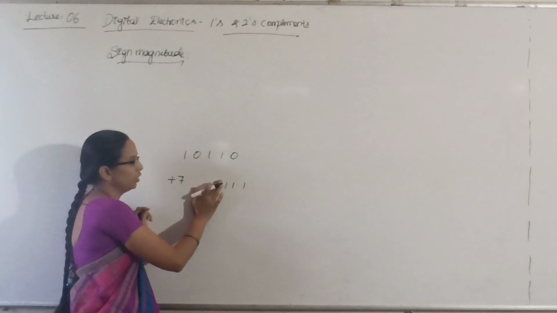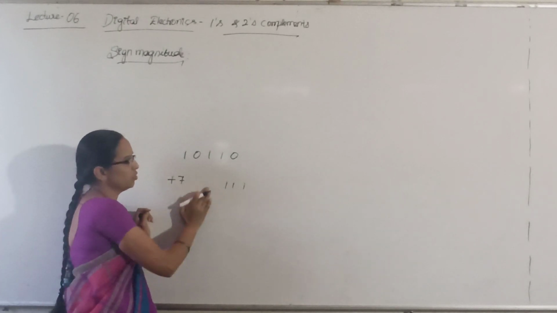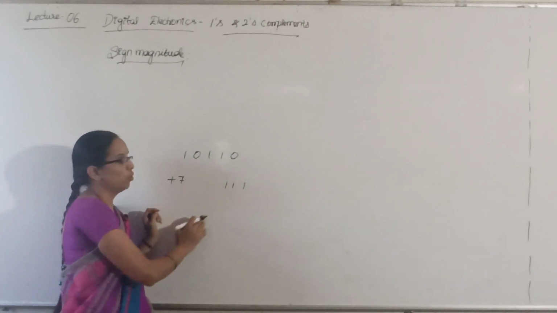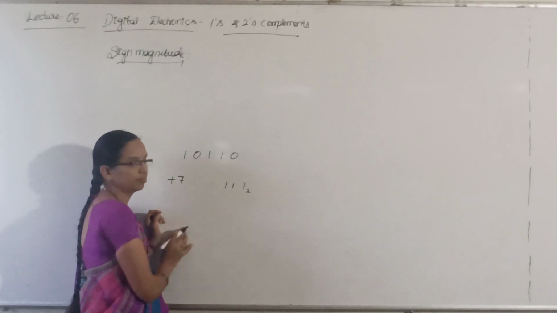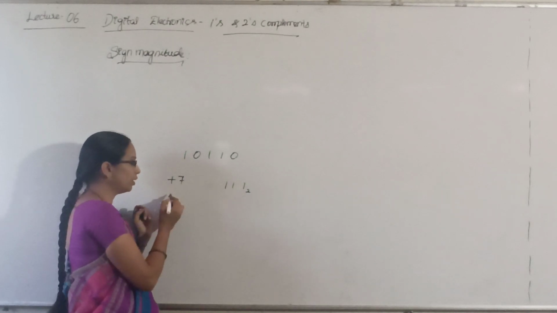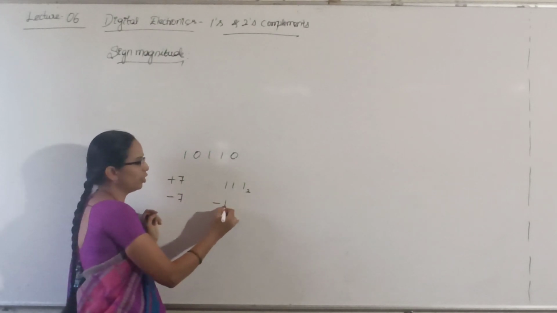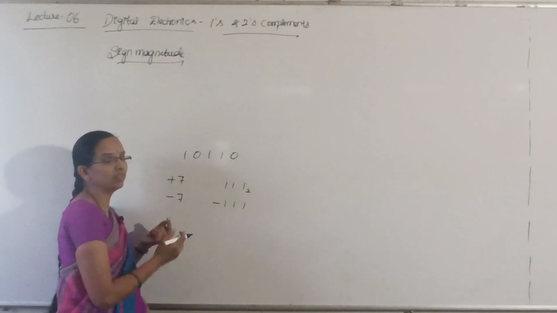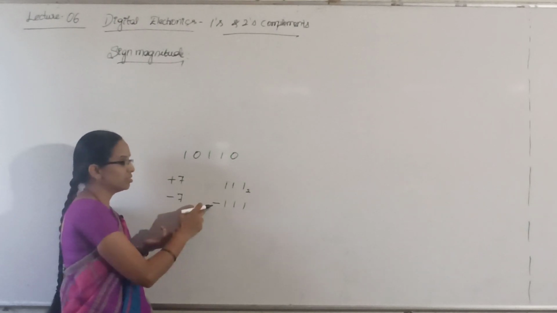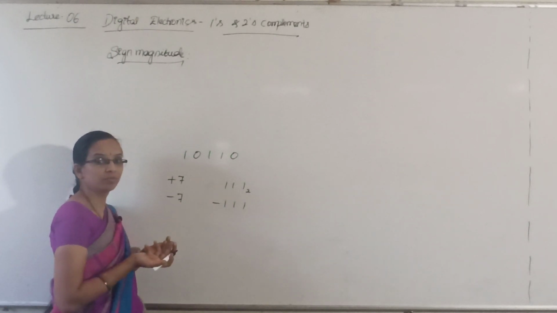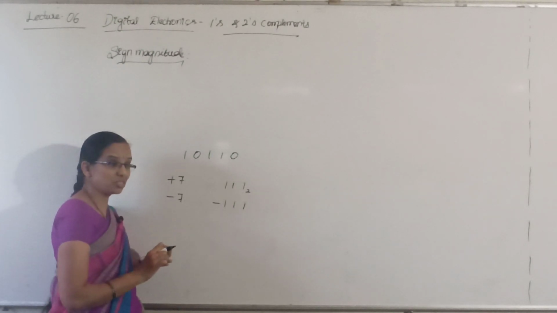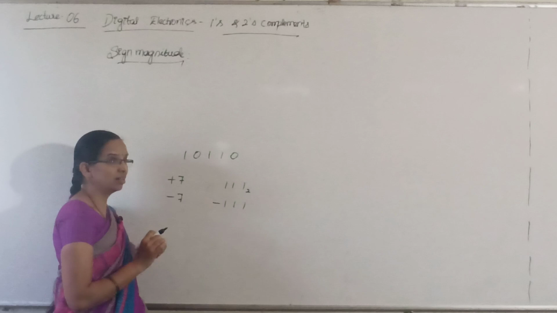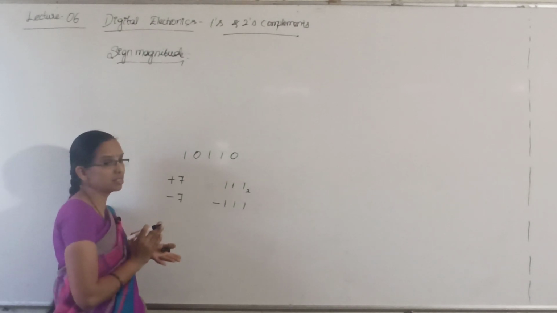You can delete this 0 also. 111 is referred to as binary 7, right? If you want to write minus 7, you cannot put minus 111. The computer will not understand this language. What is this? It will not understand.